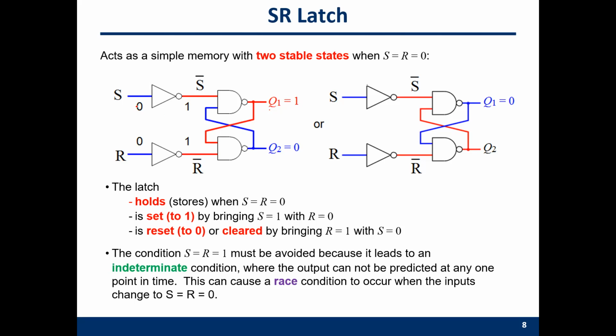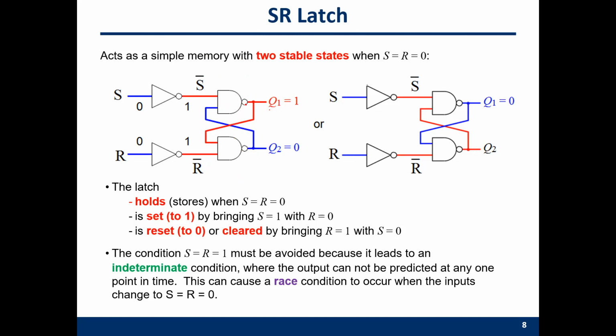So when S is 0 and R is 0, this is 1, this is 1, because these are two NOT gates. And this is a NAND gate. So we can see that, assume this is a 0. 0 and 1 is a 0.